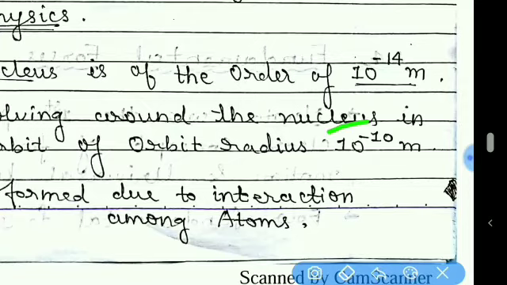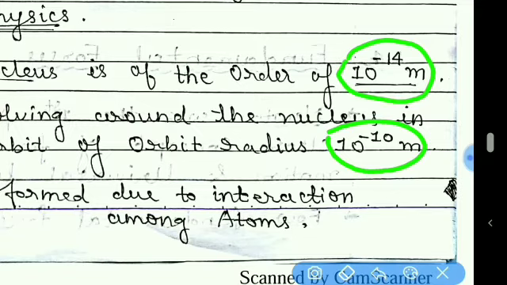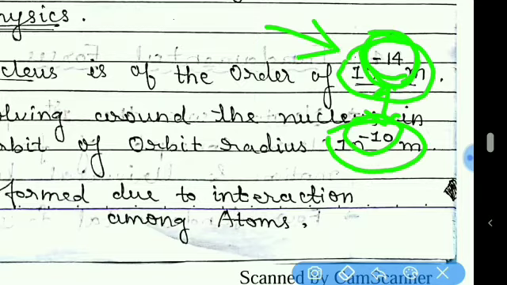Now from these values of the radius of an atom and the radius of a nucleus, you can easily say that the nucleus is 10,000 times smaller than the atom, because here the power is more negative than this. So we can say that this is smaller and this is larger.